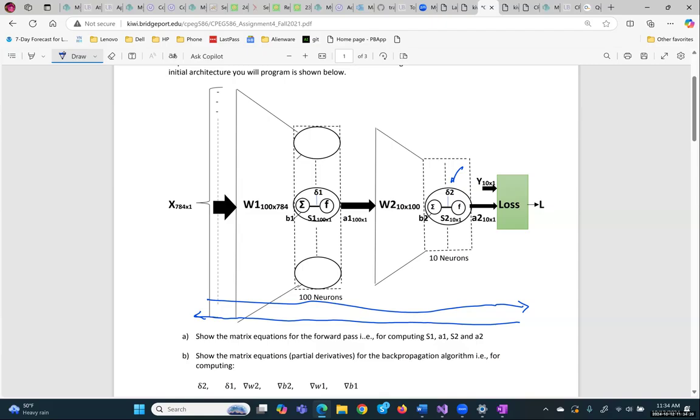Suppose we do a mean squared error loss. Then this loss over here will be 0.5 times Y minus A2 squared, where we are calling the output coming out of these 10 neurons A2.